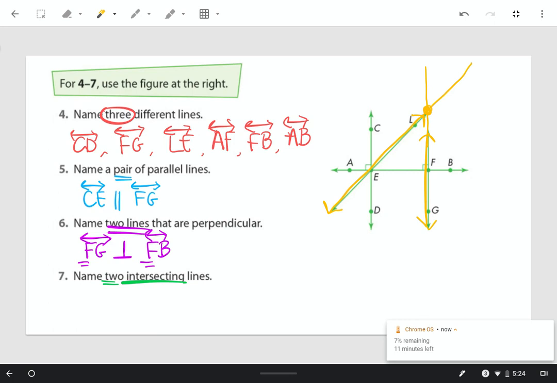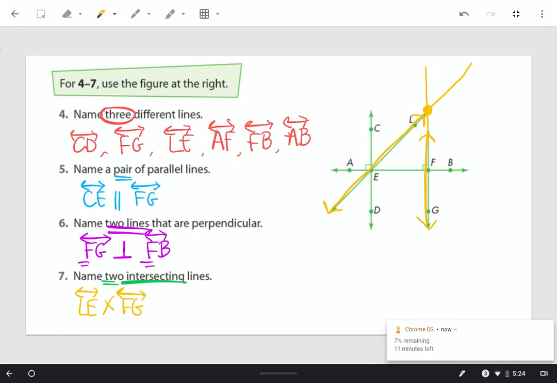They have not crossed yet on this diagram, but that does not mean that they are not intersecting lines. They are still intersecting lines because lines go on and on forever, even if it doesn't show that in the diagram. So I'm going to use line LE. And remember, our label for intersecting is an X. Line LE intersects line FG.